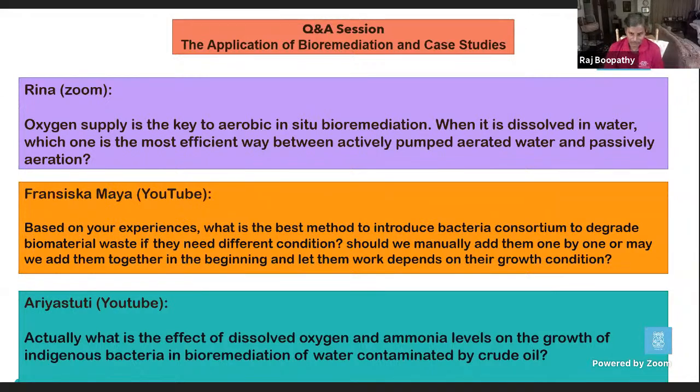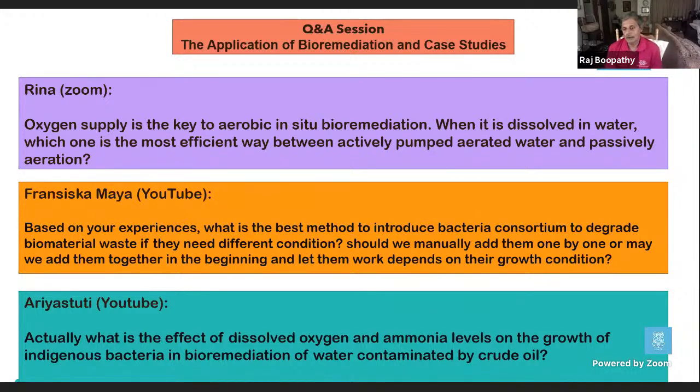Okay, the third one. The effect of dissolved oxygen and ammonia levels on the growth of indigenous bacteria and bioremediation of crude oil. I didn't show you the lab study, the media and all that. When we did this oil spill study, the aerobic conditions, yes, oxygen really worked well. For our condition, you need anywhere from 0.2 to 2 milligrams per liter, so we have microaerophilic to aerobic conditions.